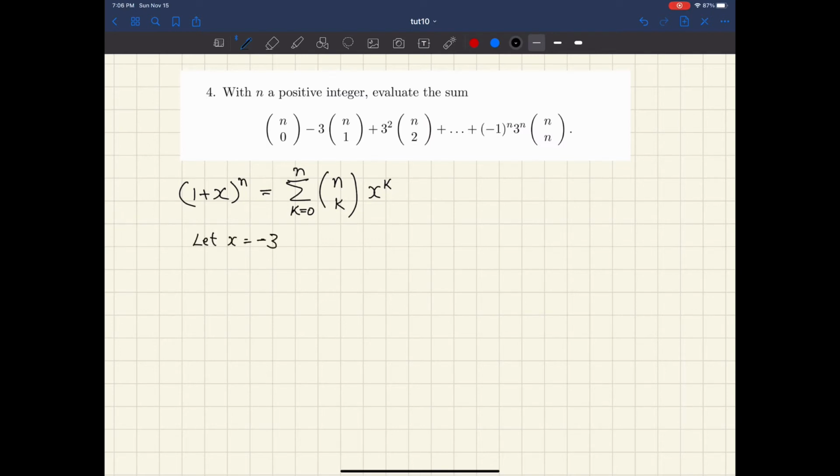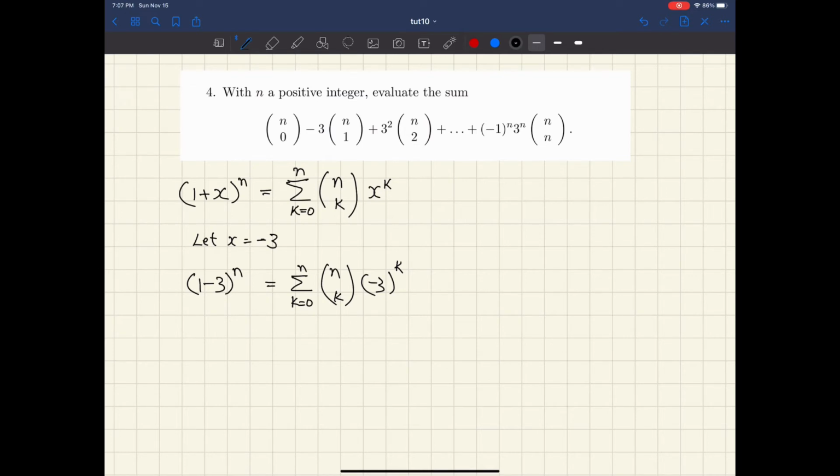Now, if we say x is equal to minus 3, this just looks like our problem. So (1 minus 3) to the power n is equal to the summation from 0 to n of nCk times (minus 3) to the power k.